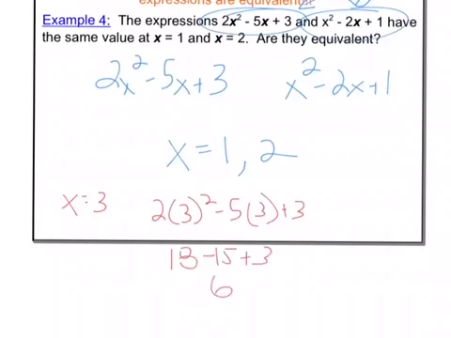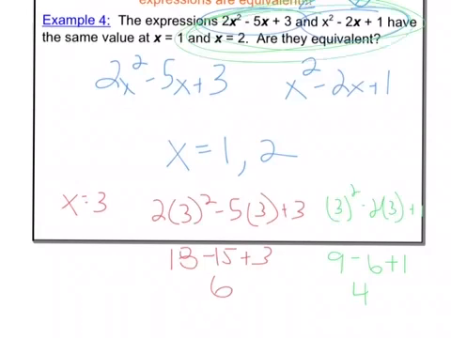And over here, I'm going to do 3 squared minus 2 times 3 plus 1, which is 9 minus 6 plus 1, which is 4. So since these two expressions back up here at the top have different values when x is 3, they're not equivalent, even though they're equivalent at those 2 points.